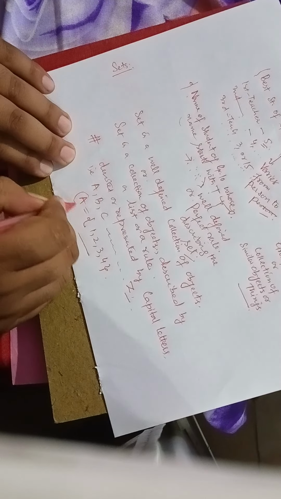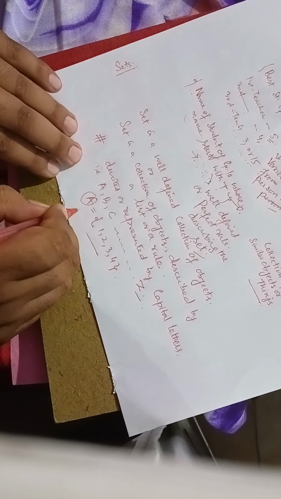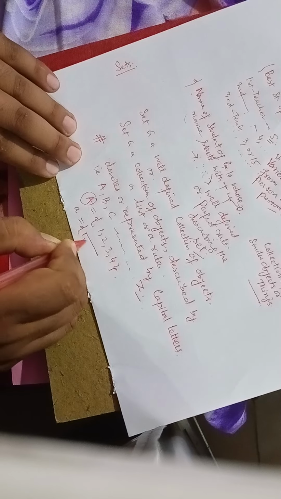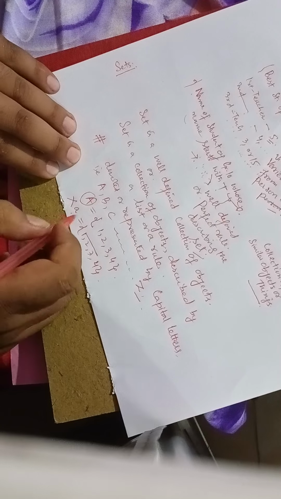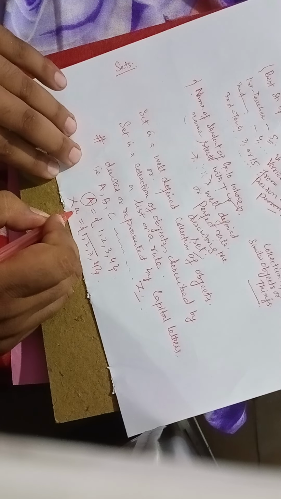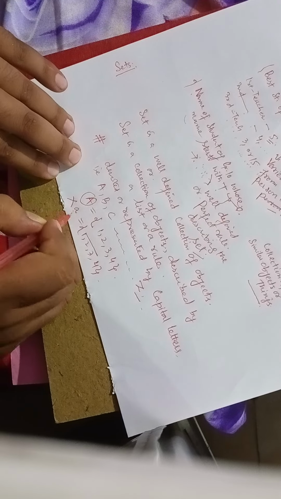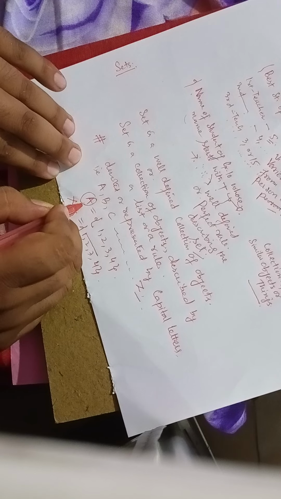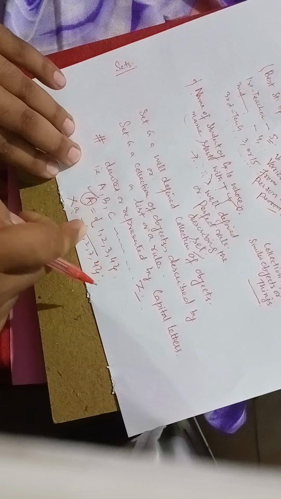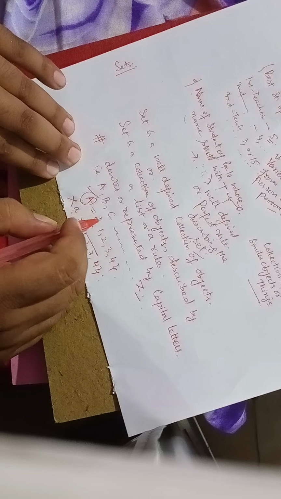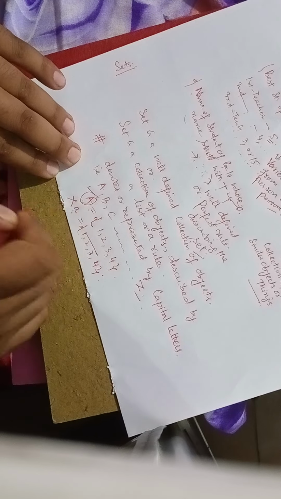So this A represents the set. If I write a is equal to 1, 2, 3, 4 with a small a, this is not the correct way, because we cannot represent a set with a small letter. It should be in uppercase, a capital letter. This is about how we denote the set.